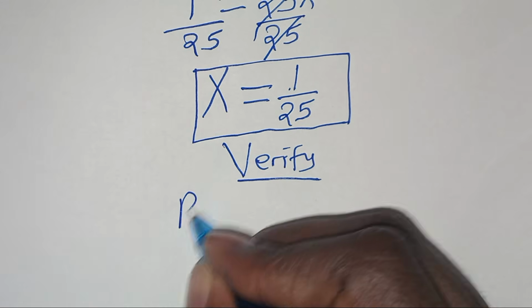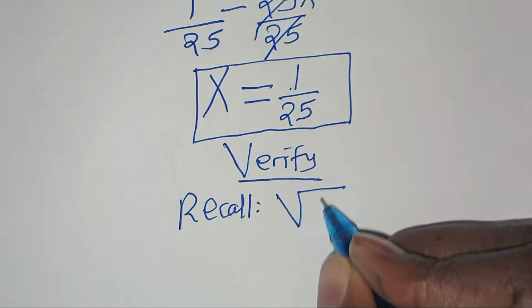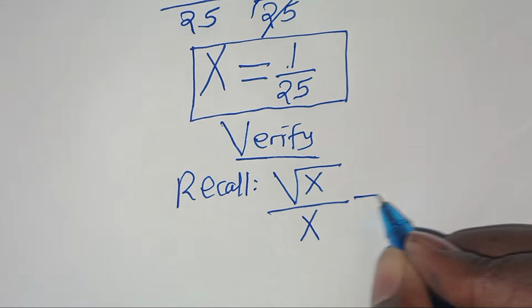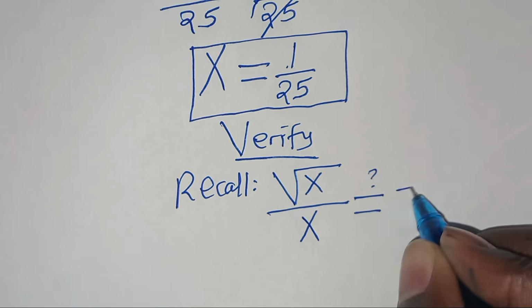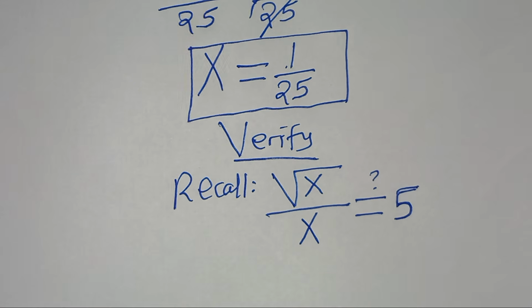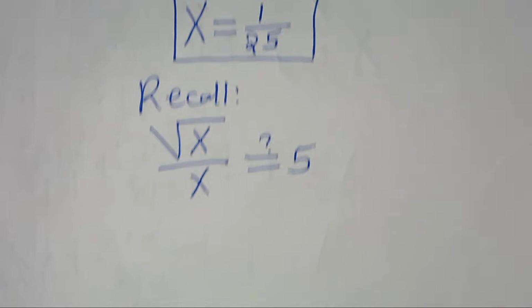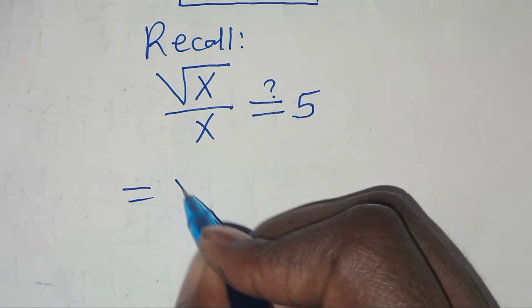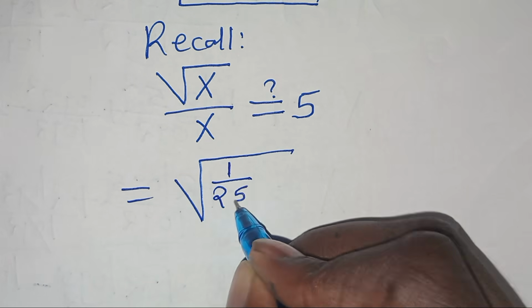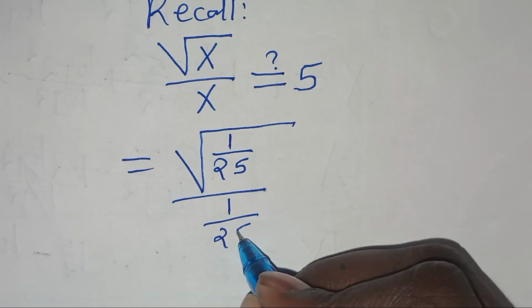Now, if you recall, we have that the square root of x divided by x should give us a value of 5. Now let's substitute the value of x, so that this is equal to the square root of 1 over 25, divided by 1 over 25.